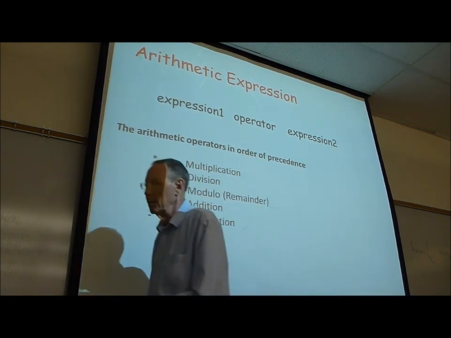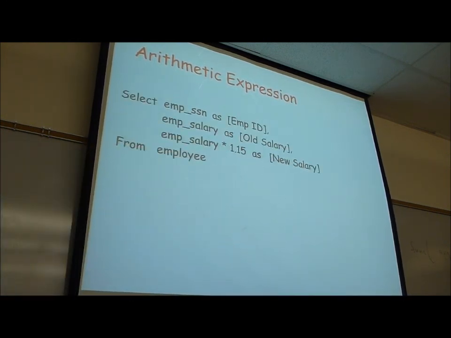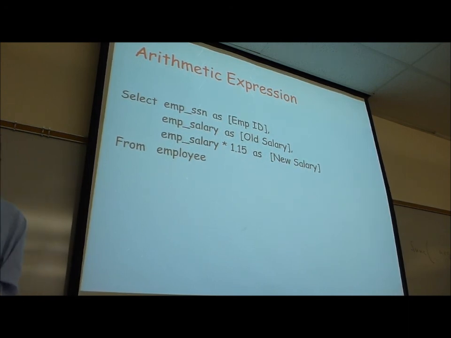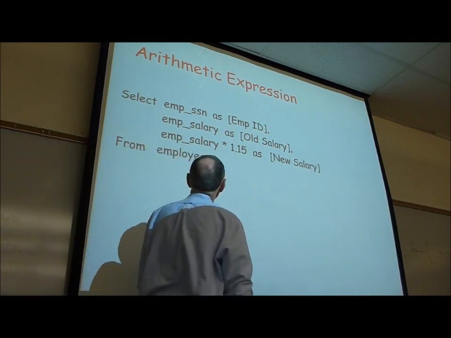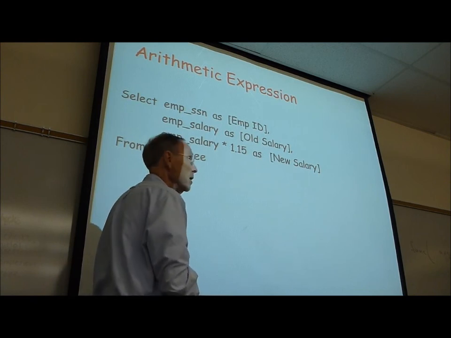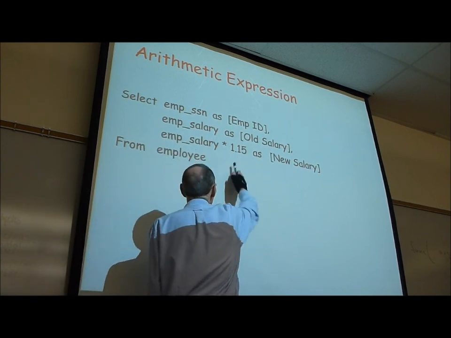So, I probably got a simple example. Oh yeah, here we go. We're going to give you a raise. This would be an example of select employee's social security number, and we're going to list your old salary, and then we're going to list your new salary, which was a 15% increase.